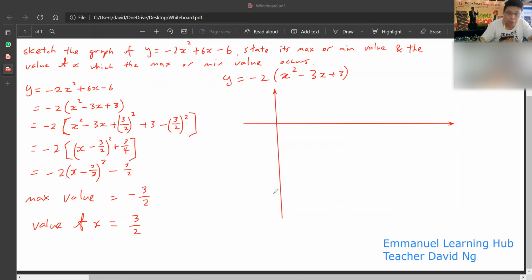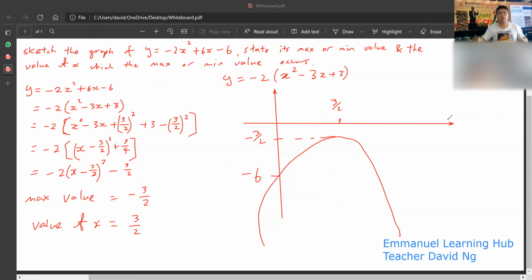Yeah, N shape. The graph looks something like this. Then this is -3/2, and this is 3/2. The graph will look like this. Confirm.